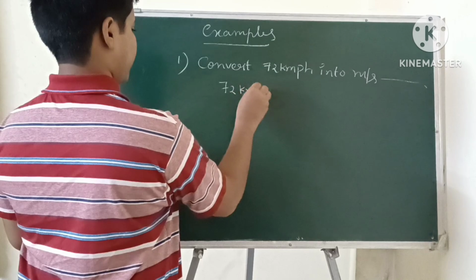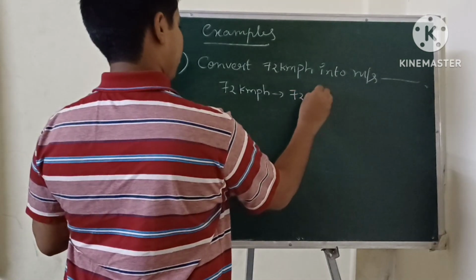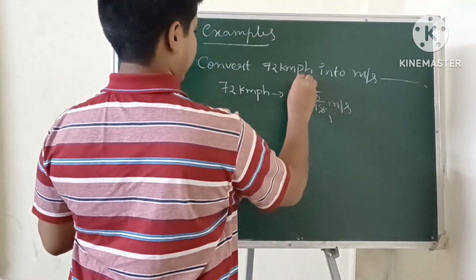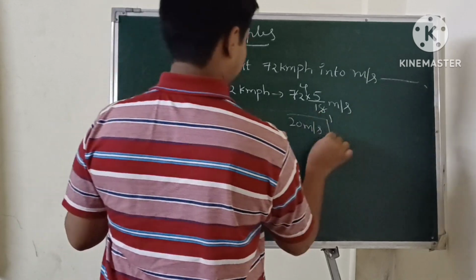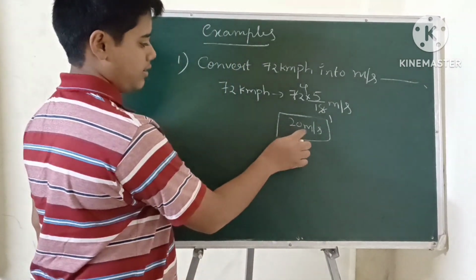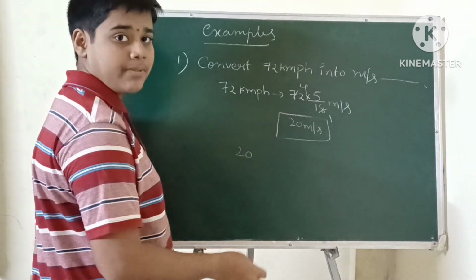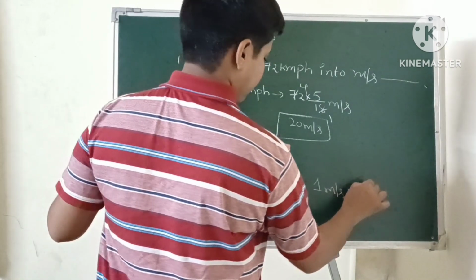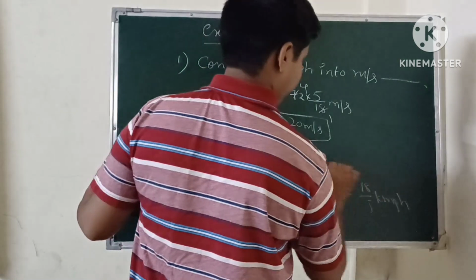72 kilometer per hour is written as 72 into 5 by 18 meter per second, which is 20 meter per second. If we verify, we have to convert this back into kilometer per hour. 1 meter per second means 18 by 5 kilometer per hour.